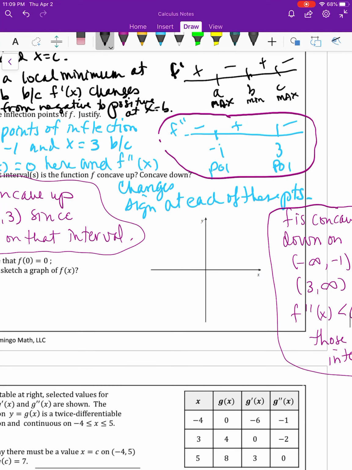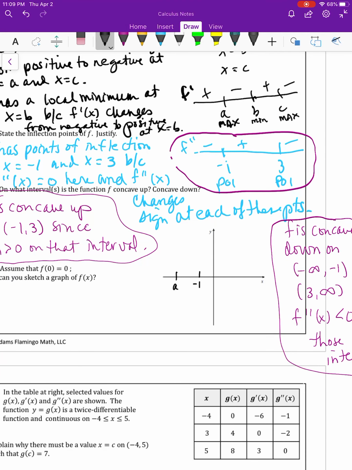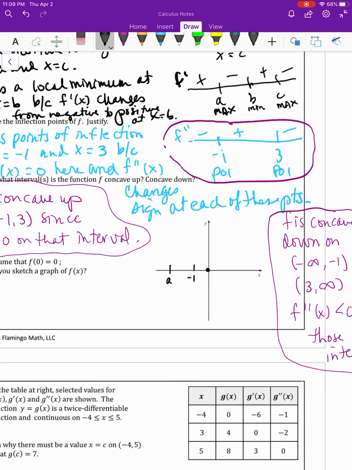So once you know that stuff, you can kind of start trying to sketch a graph. So what I did was I said, okay, well, here's my A, here's my -1. It told us that f of 0 was 0, so I'm going to put that point in there. I'm going to put in a B, I'm going to put in a 3, and I'm going to put in a C. Okay?